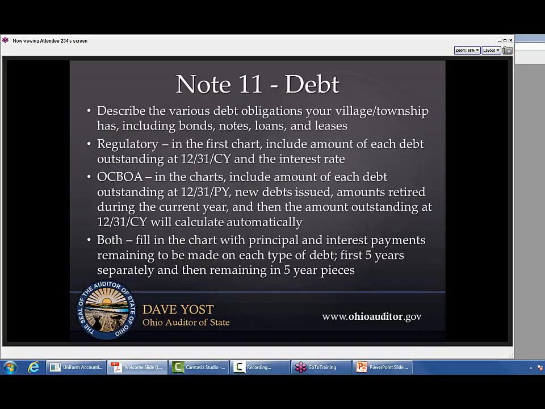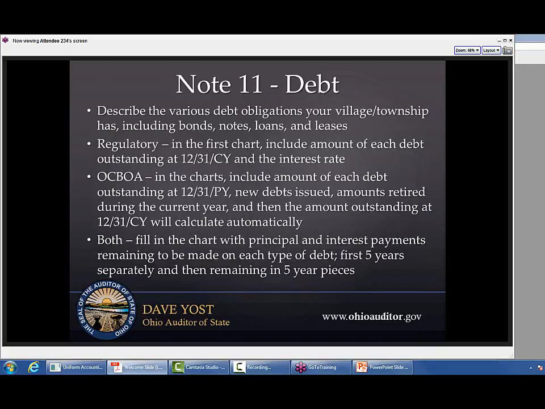Second table is you're going to want to list out what your principal payments are for the next 5 years, or what your principal and interest payments are for the next 5 years. Okay? And you're going to want to show, for you all, it would be 2017, 18, 19, 20, and 21. You're going to list those 5 years separate.